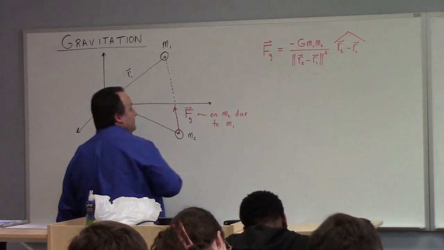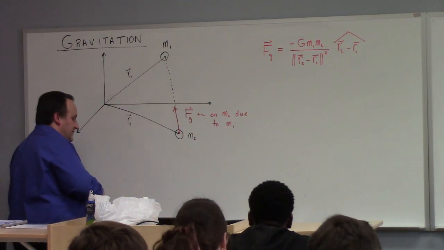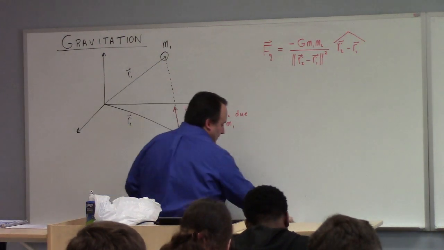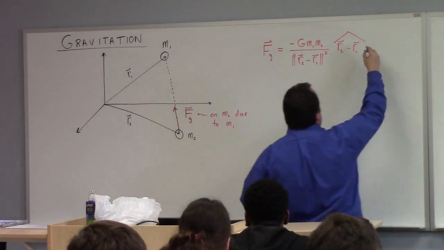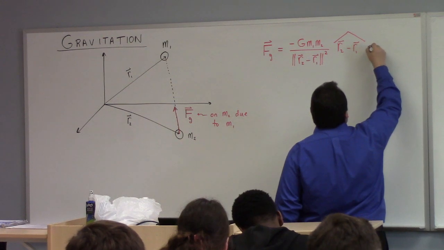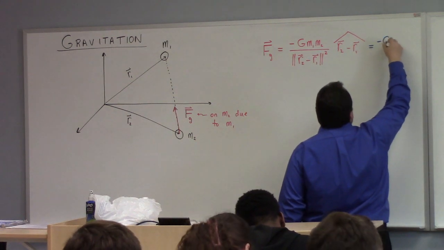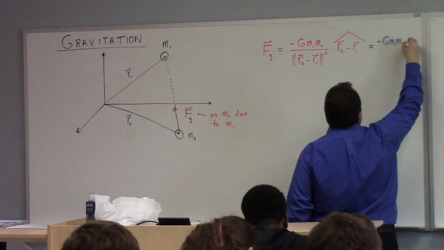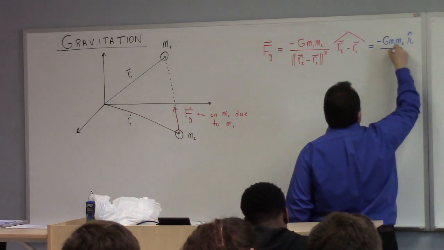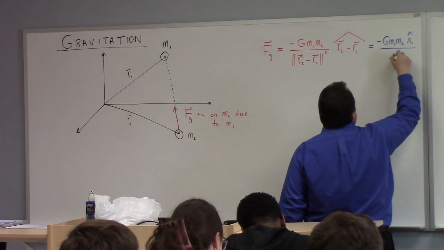Or if you like, I could introduce another symbol and write it this way: minus G M1 M2 script R hat divided by script R squared.